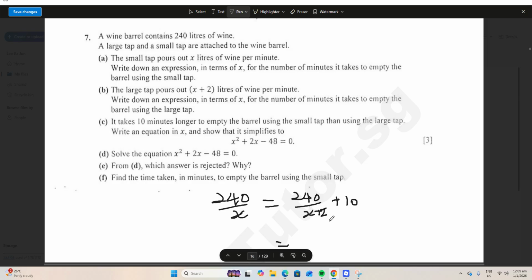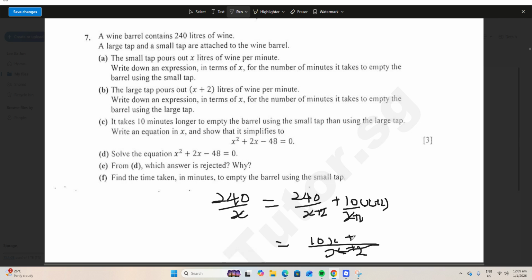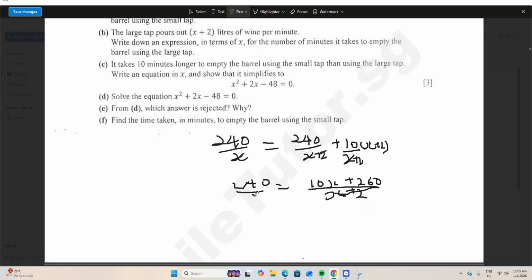You simplify. Okay, so 250. So below here times 2 divided by x plus 2, right? So over here on top you have 2 times x plus 2. Okay, so basically you simplify everything, will give you x plus 2. Okay, so what is this? 10x plus 260 goes to 240 over x.